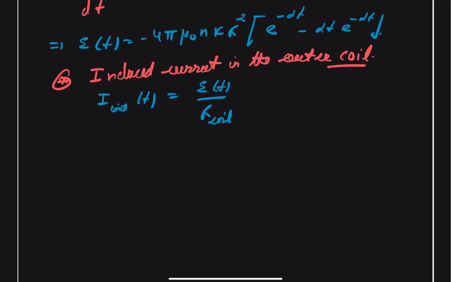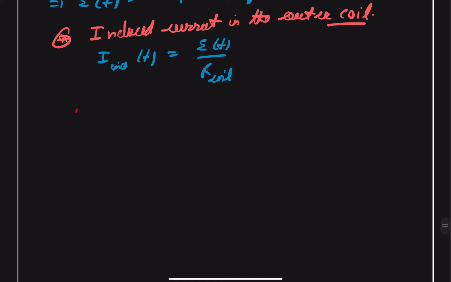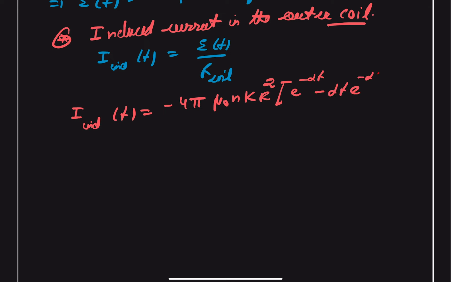Therefore, we can write that our induced current I with respect to time t will be equal to minus 4 pi mu naught n k r square, e raised power minus alpha t minus alpha t e raised power minus alpha t, divided by the resistance of the coil, that is R coil.